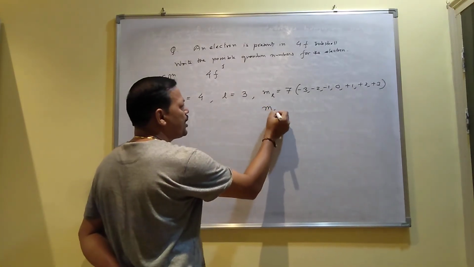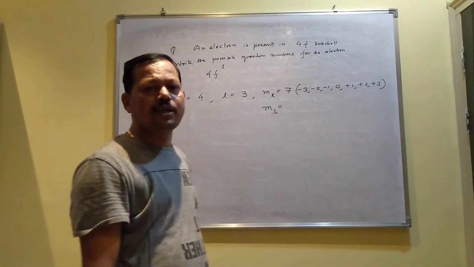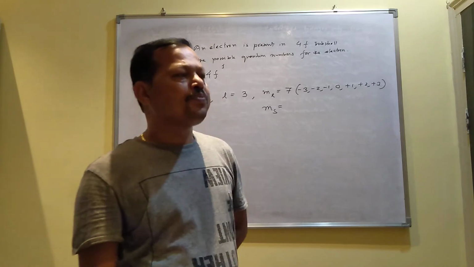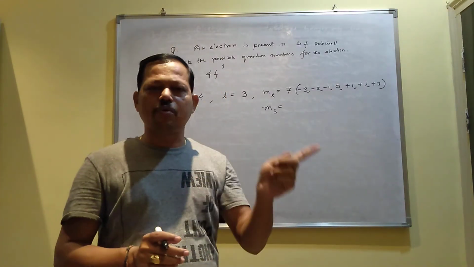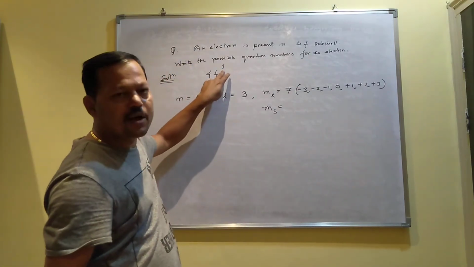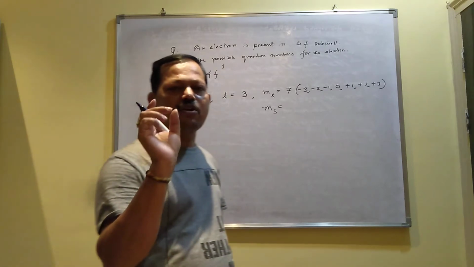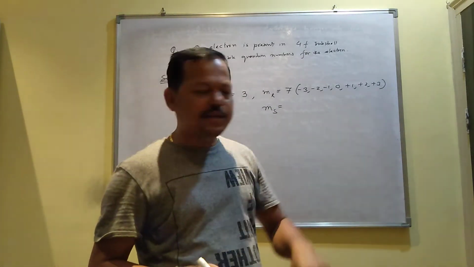And if you want to write spin ms, as you know, ms has only 2 values, that is plus half and minus half. And I have told you, if an orbital contains 2 electrons, one is clockwise, another should be anti-clockwise. But here the subcell contains only 1 electron. When an orbital or subcell contains 1 electron, then the spin may be clockwise, it may be anti-clockwise.